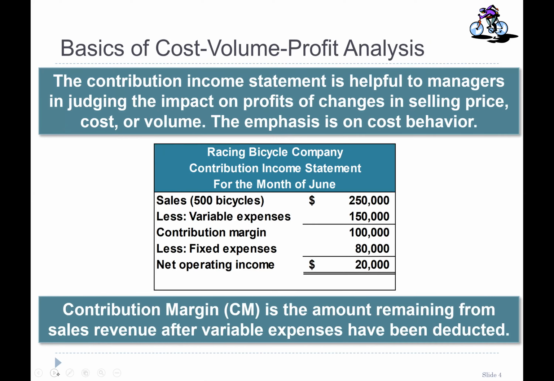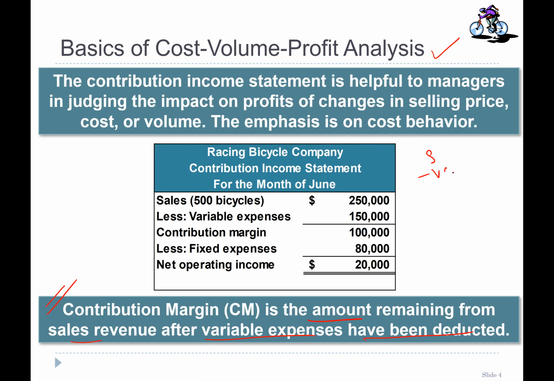So the basics of the CVP analysis starts from the contribution margin, which is the amount remaining from sales revenue after variable expenses have been deducted. So simple.